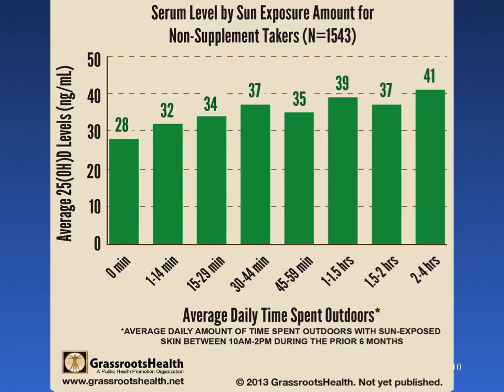The amount of time spent outdoors with exposed skin was determined by the number of minutes spent outdoors between 10 a.m. and 2 p.m. while taking into account sunscreen use and typical clothing during the 6 months before the blood spot test. This graph just includes the participants who reported not taking vitamin D supplements in the prior 6 months to exclude the effect of supplement intake.